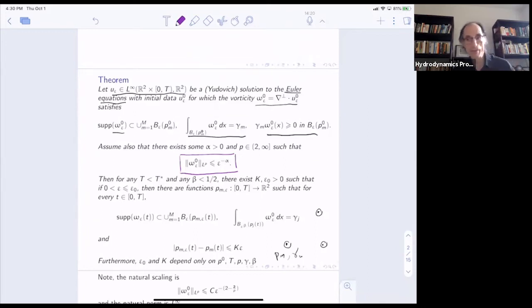Remember T star is the possible time of first vortex collision.